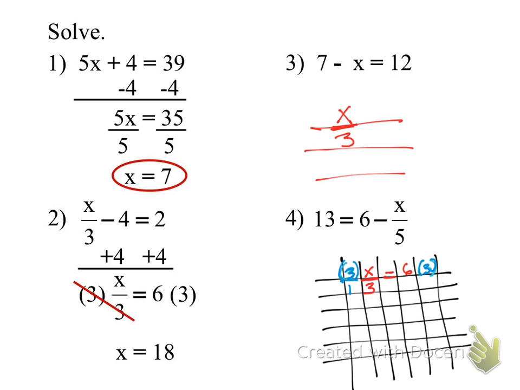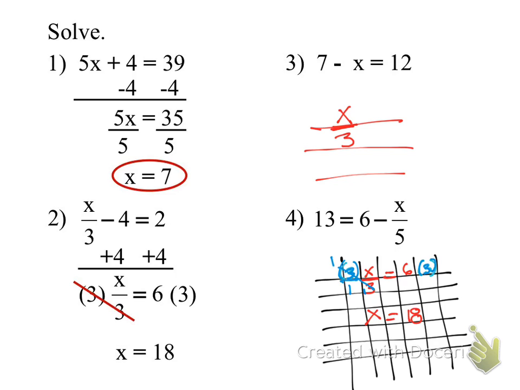Now what does that allow me to do? I end up with 3 times x over 3 equals 1x, right? 3 over 3 is 1. I can cross cancel them. I'm left with 1x equals, and then over here I'm left with 18. So are you guys clear on, I don't want you squishing, I want you to get over that habit.